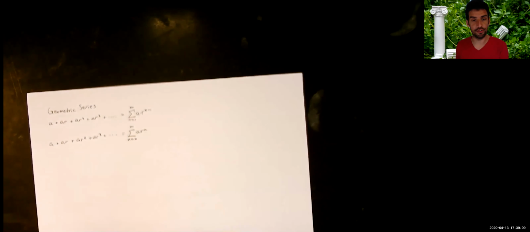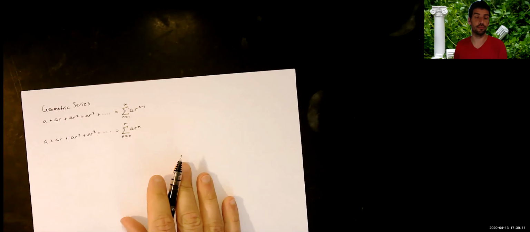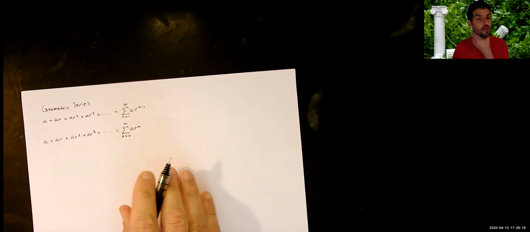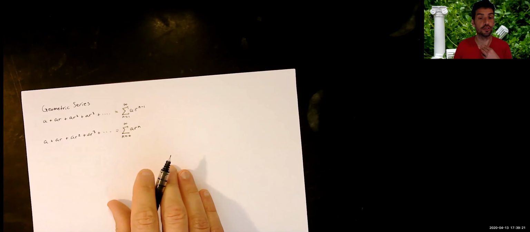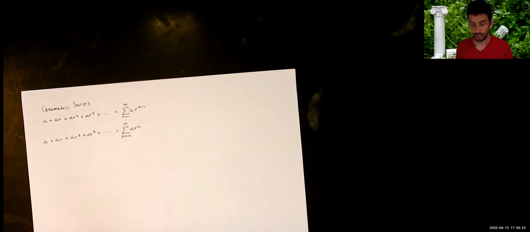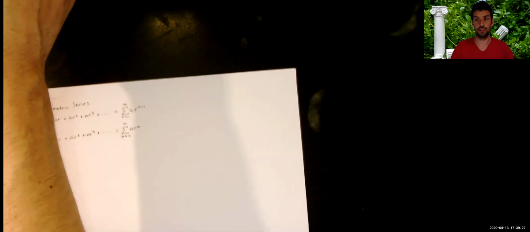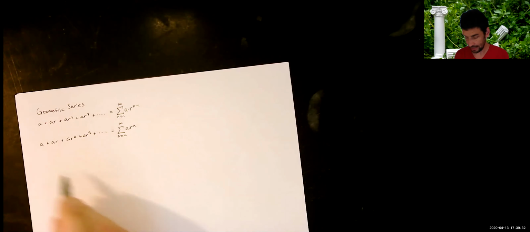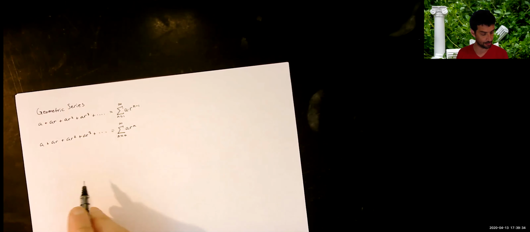I'm going to write it this way for now, because I'm going to do a computation that they do in the Stewart book, so you can follow it. We'll end up using both as we go along. Hopefully, as we get more comfortable with the indexing, that won't be much of an issue.